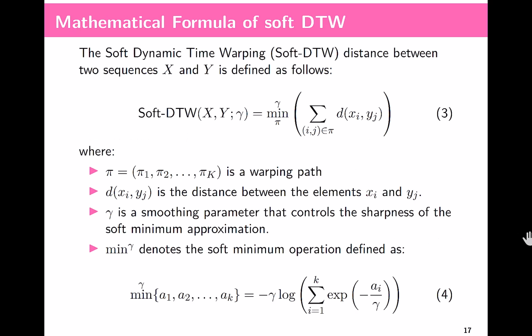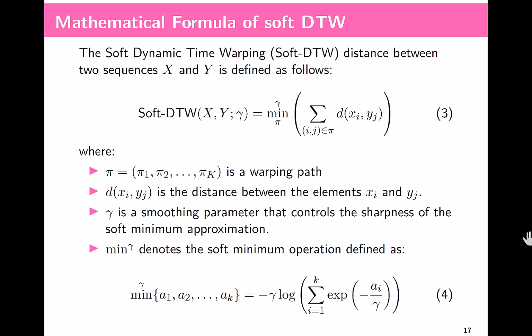Okay, so now the soft DTW. If you remember the one that we had earlier for DTW, this is really similar, but instead of using the minimum, we use the minimum with gamma. Pi is the warping path like we had before. The distance is just like before. Gamma is the smoothing parameter that controls the sharpness of the soft minimum approximation.